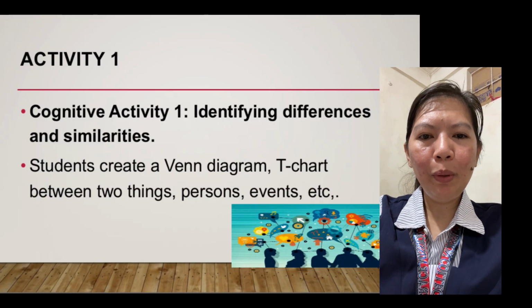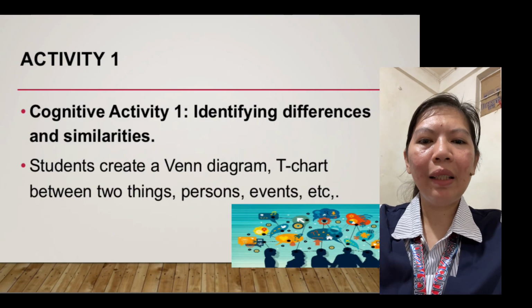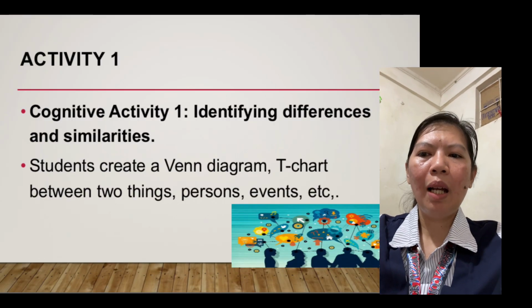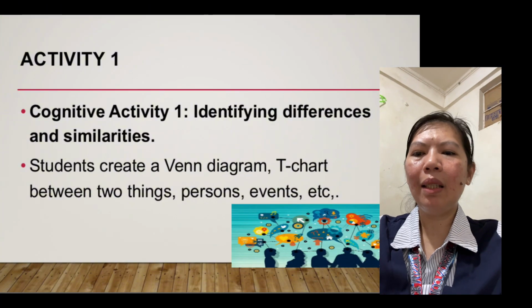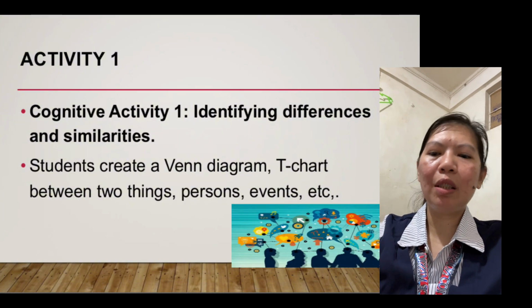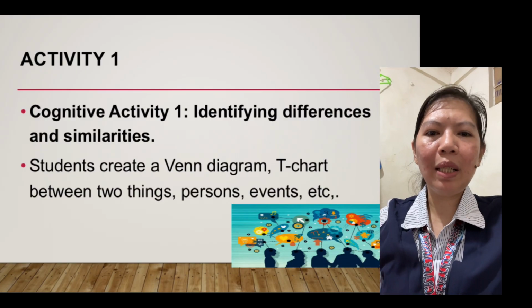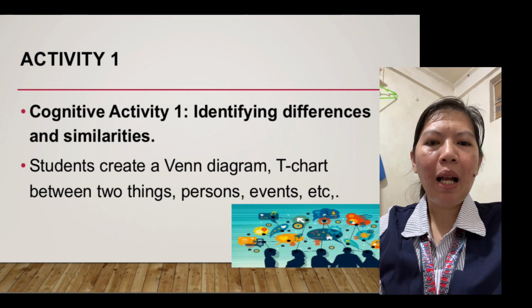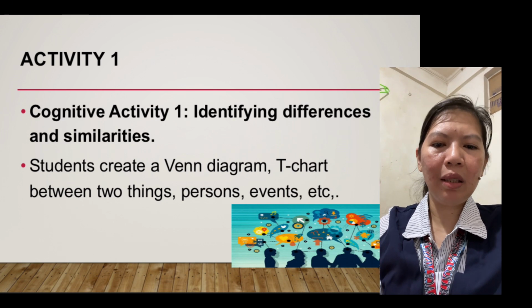From the verb create, this is a high order of critical thinking, because creating requires analyzing similarities, understanding, comparing and contrasting, and classifying differences and similarities of 2 objects, persons, or things.